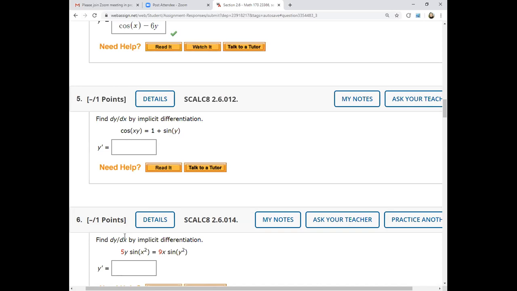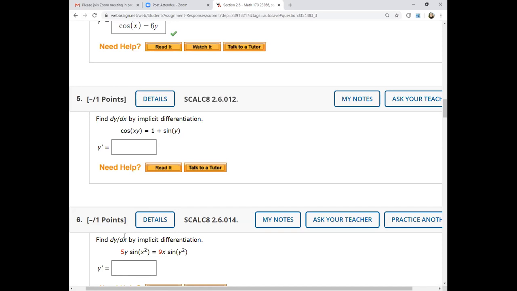Then on the side of your paper, write the product xy and differentiate it with respect to x. Your first function is x, your second function is y. The derivative of x with respect to x is 1. The derivative of y with respect to x is dy/dx.